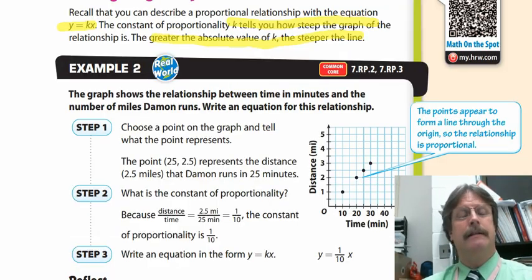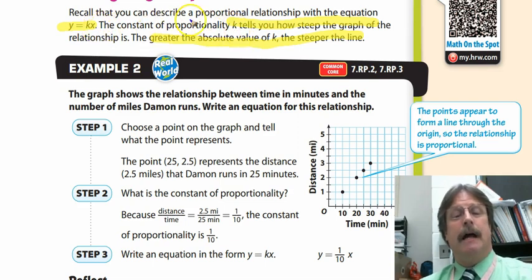So I've highlighted this paragraph here. Remember the y equals kx, okay? And it says the constant of proportionality k tells you how steep the graph of the line of the relationship is. The greater the absolute value of k, the steeper the line. Basically, they're just talking about that number.